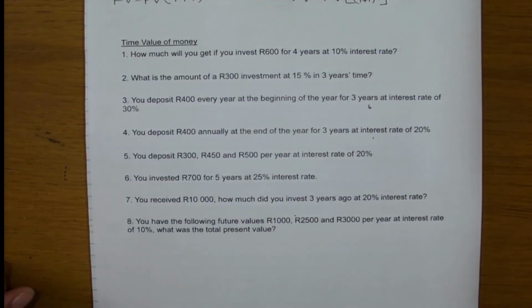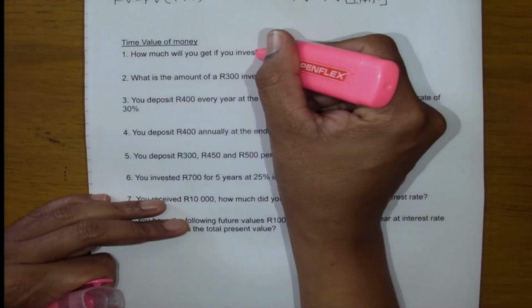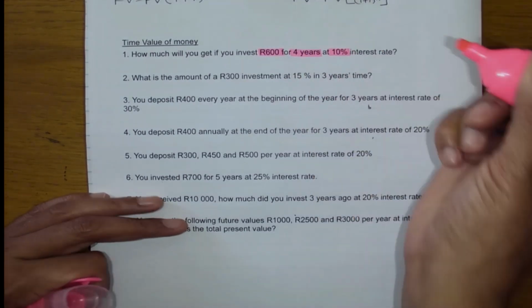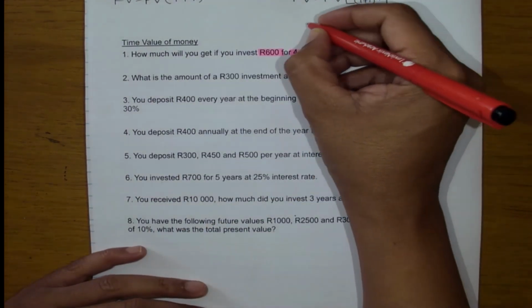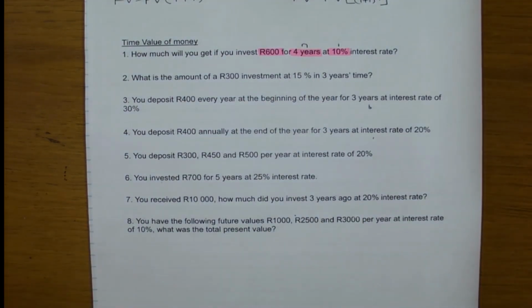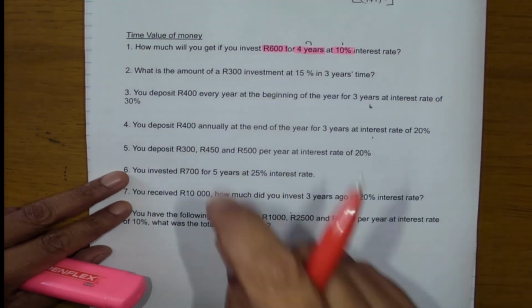It says first question, how much will you get if you invest 600 for 4 years at 10%? So first things first: 600, 4 years, 10% interest. So I know years is my N, interest is my I, and remember you must convert this interest.